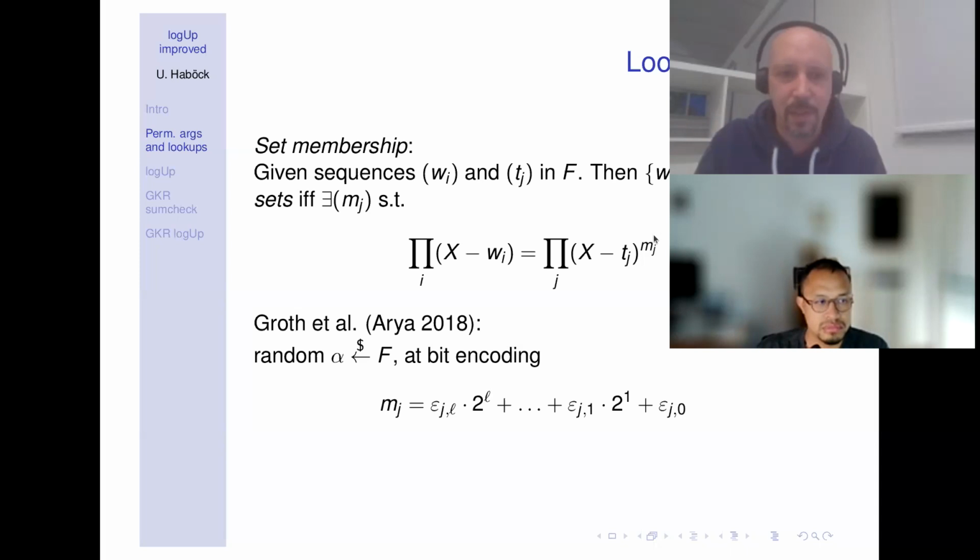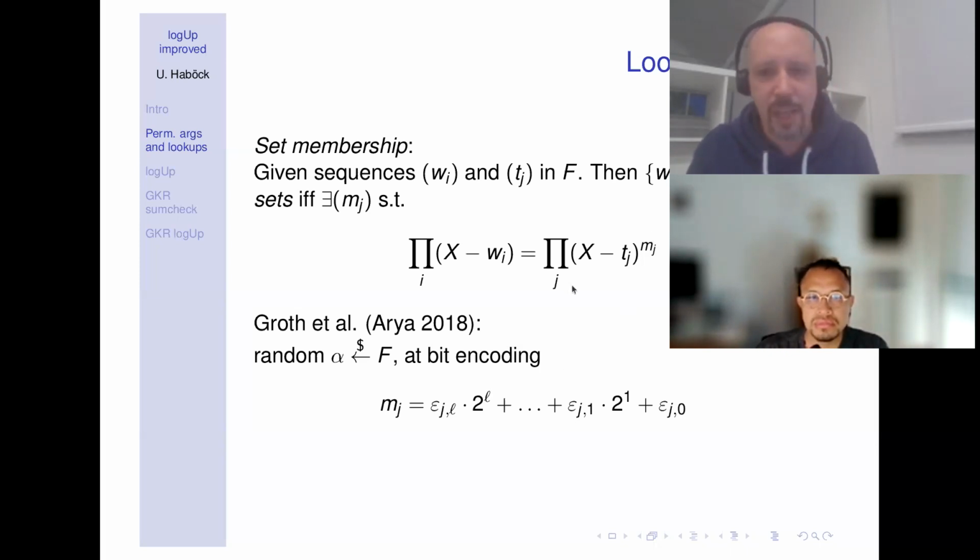And that's doable. You have to prove these two-adic powers. You provide them, you prove them, typically if you want to keep the degree of your constraints low, but it costs at least as many commitments as you have bits in the multiplicities.